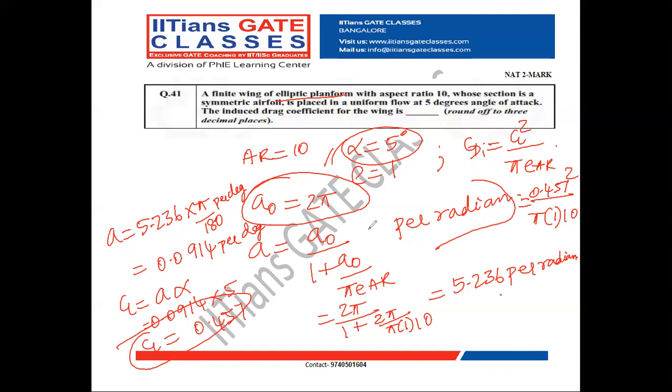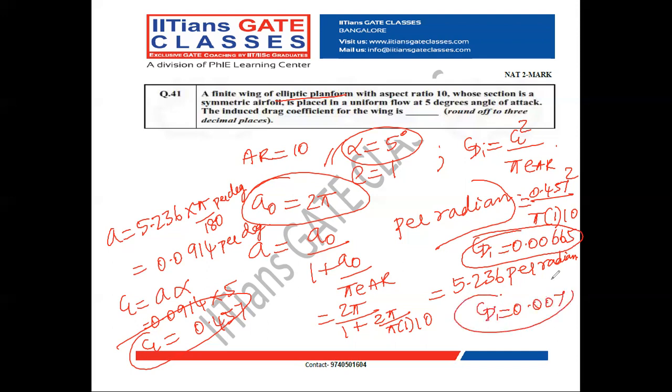Then the induced drag coefficient CDi is equal to 0.00665. If they ask you to round off to 3 decimal places, it will become 0.007 induced drag coefficient.